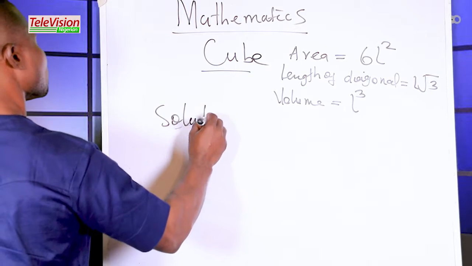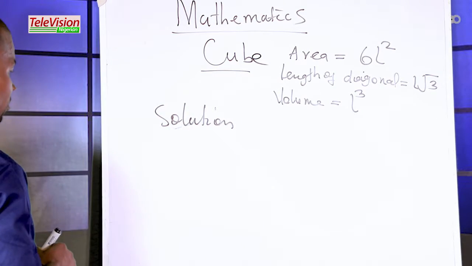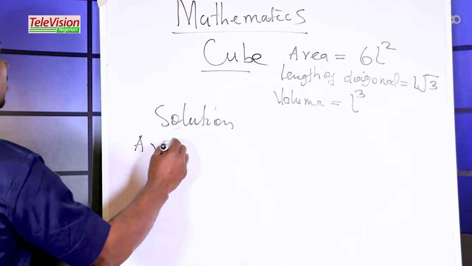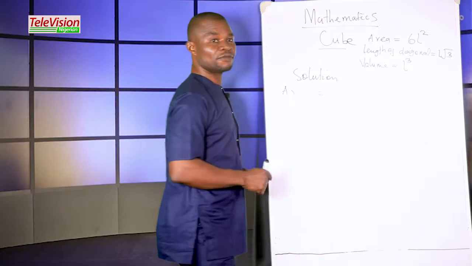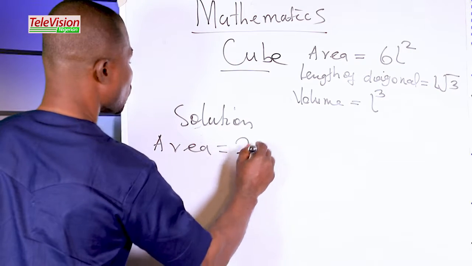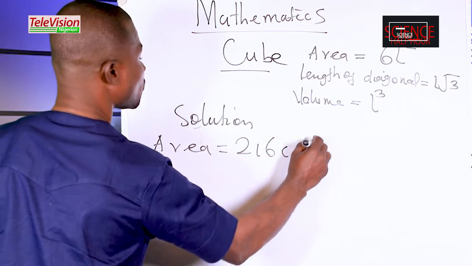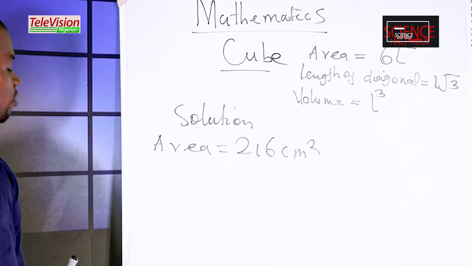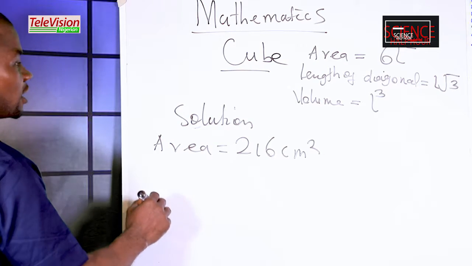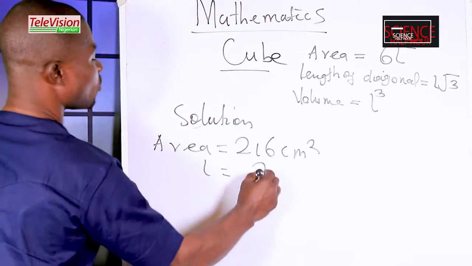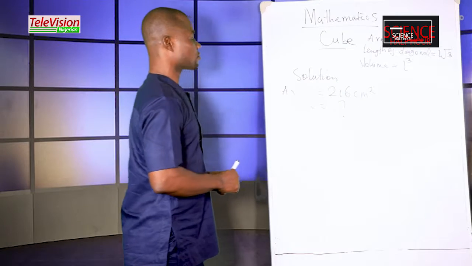Solution. The area given in the question is equal to 216 cm squared. We look for the length. L is equal to unknown.